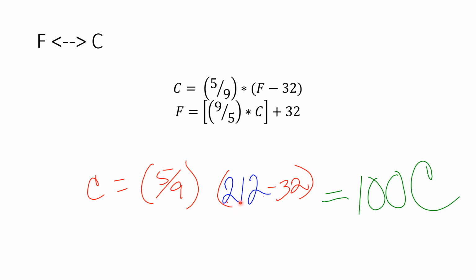I'll write my formula out, stick 212 in it, and make sure that my answer is 100, because I know 212 is the boiling point for water in Fahrenheit, and 100 is the boiling point for water in C. If my formula is set up correctly, it'll convert 212 to 100 C. Or if I run the other way, I set up my formula and make sure that it converts 100 C into 212 Fahrenheit. Then I know I've got it worked right. Then I can put my real value in there and see what I need to do with it. Where the parentheses are does matter a lot in this conversion.